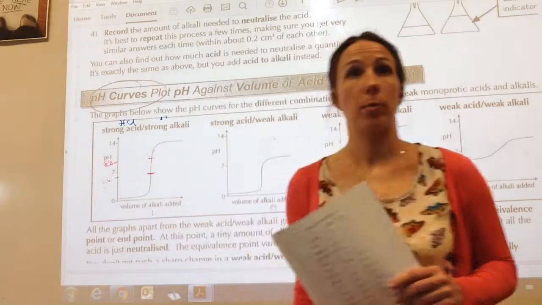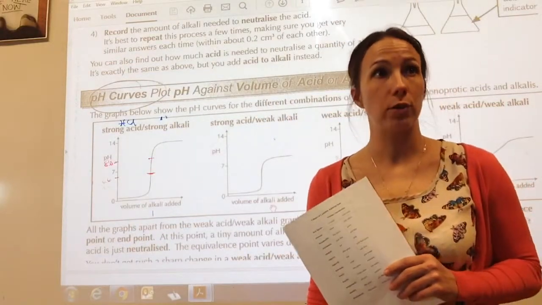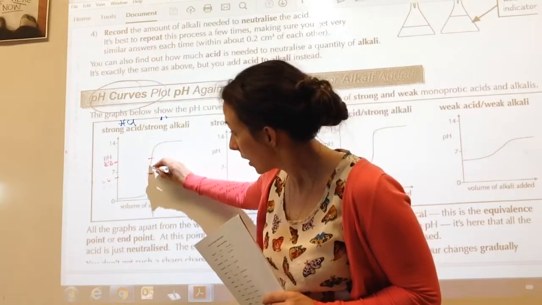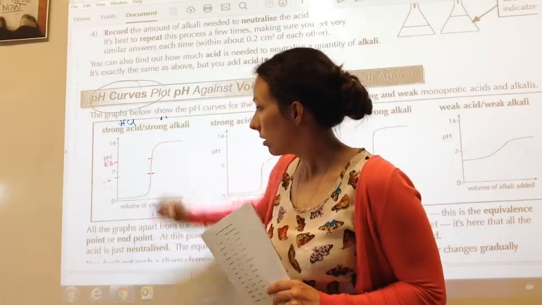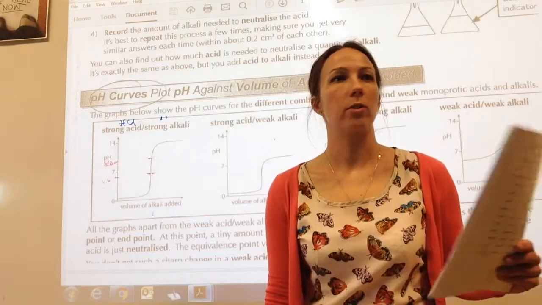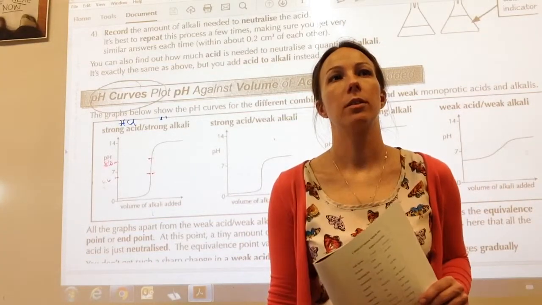Is that in my straight up and down zone? Can I choose phenol red? Nick, will it change color at the same volume? Yeah. You bet. So it wouldn't change. So it doesn't matter. It won't change my results.